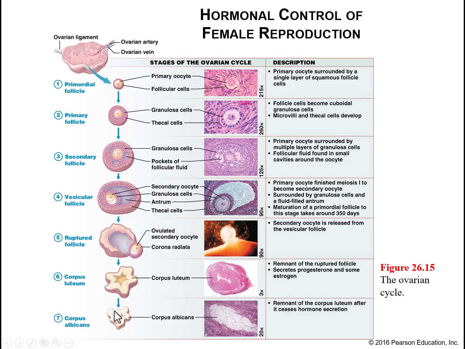If fertilization doesn't take place, if the embryo does not start secreting HCG, human chorionic gonadotropin hormone, to maintain the corpus luteum, then that corpus luteum will degrade into a corpus albicans and hormone secretion will cease.